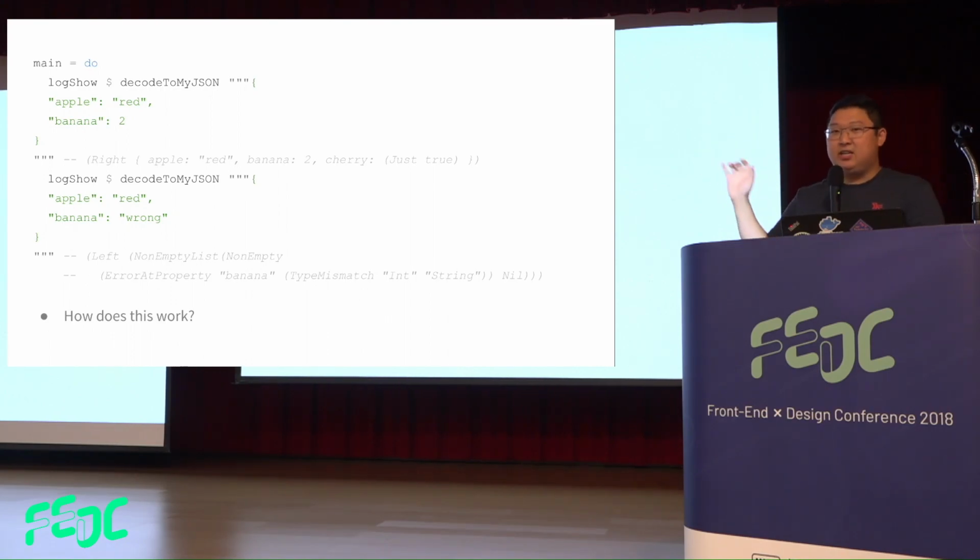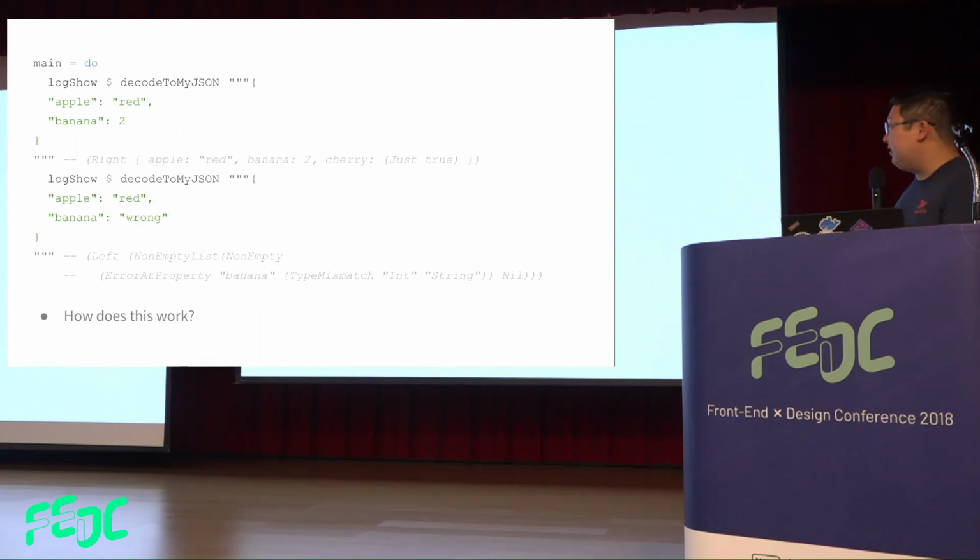And in this case, it's going to give me the result in an Either, right? Because it's successful, it gives me the Right case, and it says, okay, I've parsed out correctly the record, apple red, banana 2, and then cherry that we had over there should be just false here.